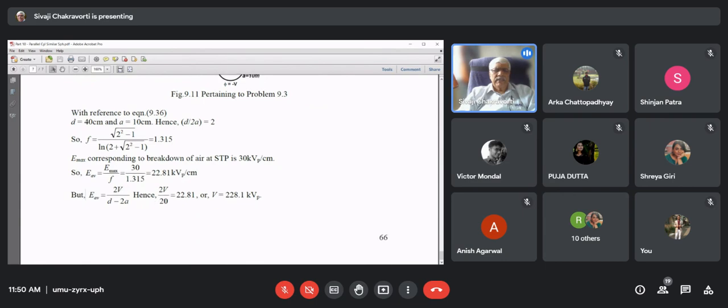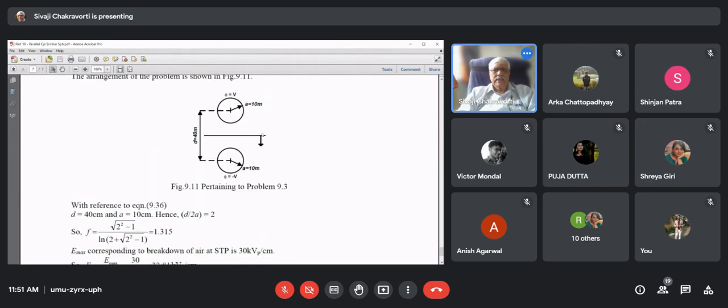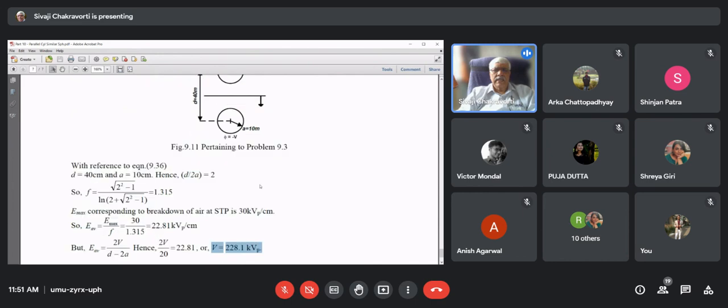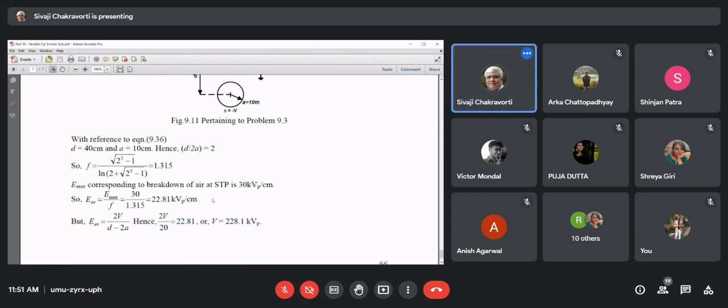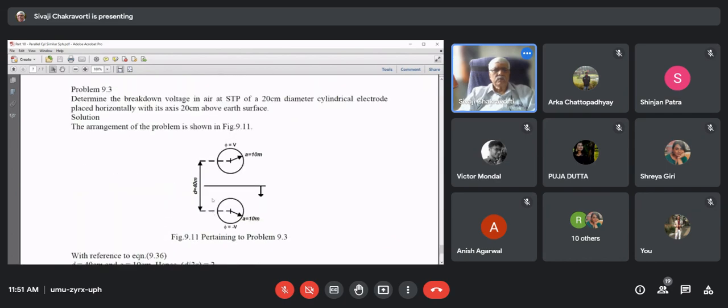So it is 2V by 20, equal to 22.81. So the breakdown voltage is 228.1 kV peak. So this cylinder, which is 10 centimeter radius, placed at a height of 20 centimeter from Earth's surface, will break down at 228.1 kV peak, which we can determine from the analytical analysis that we have discussed today.